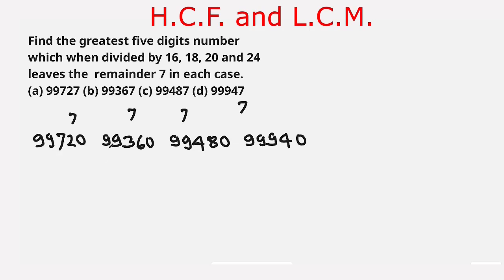But we check the divisibility by 16. So we will divide the last 4 digits 9360 by 16. 16 times 5 is 80. On subtracting 80 from 93 we get 13.